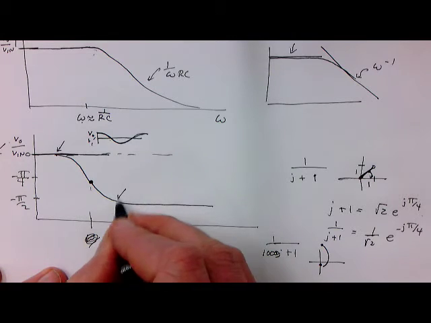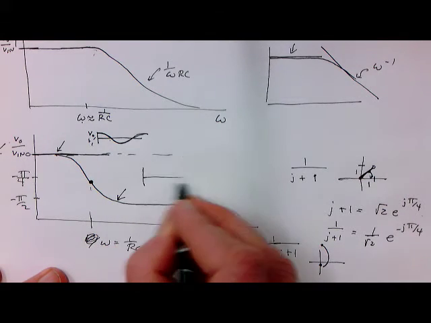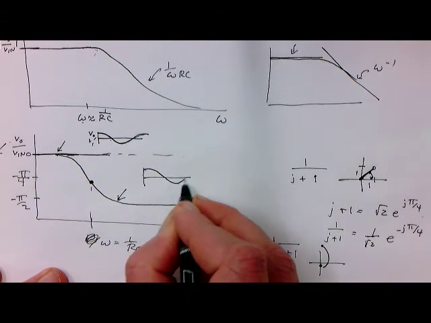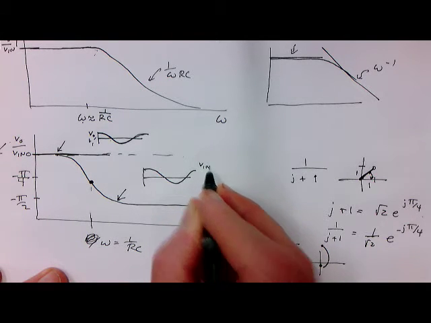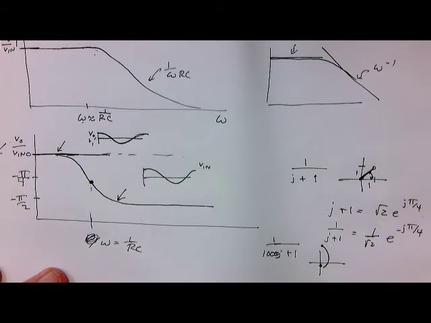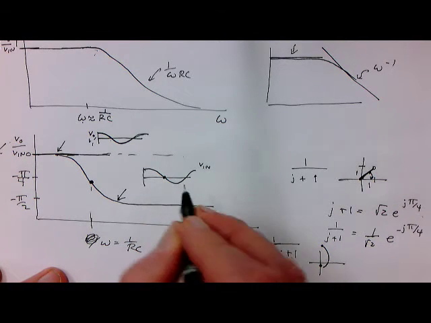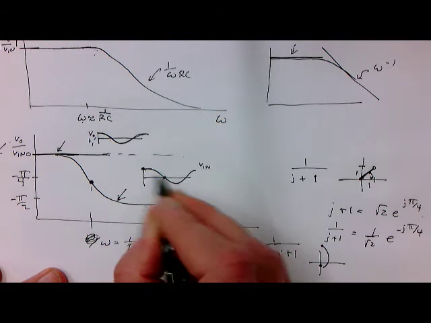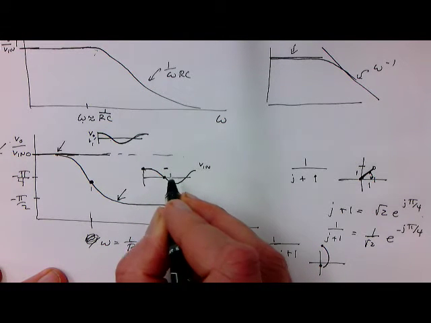When I come over here, on the other hand, Vin looks like this. But Vout lags Vin by pi over 2, right? So this is the point pi over 2. So while Vin peaks right here, Vout is not going to peak until here.